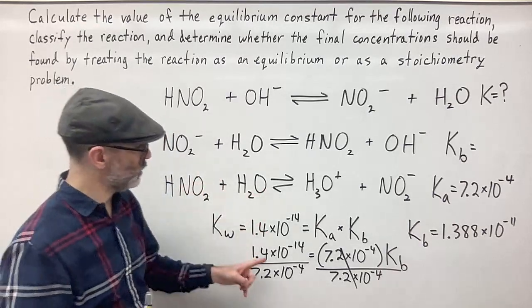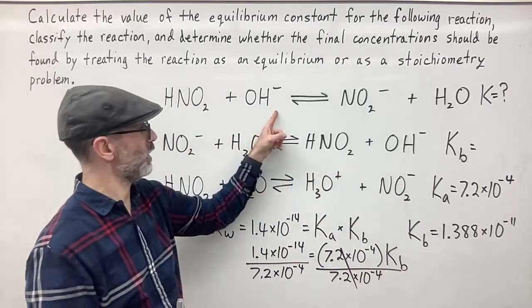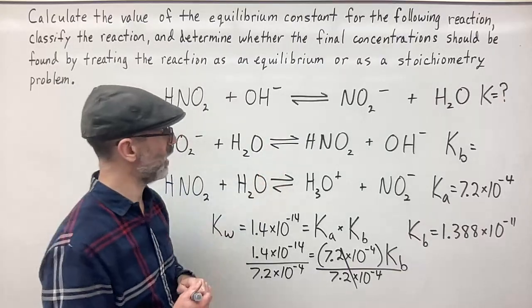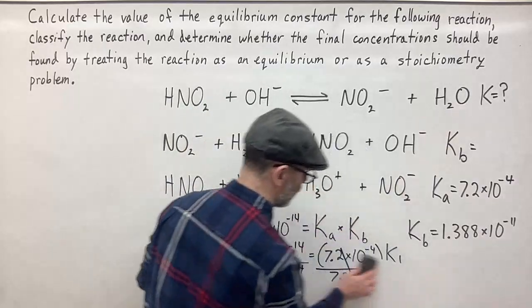So since we just found the Kb value for this one, and this one is the reverse of this one, then to find the K value here, all I need to do is take the reciprocal.